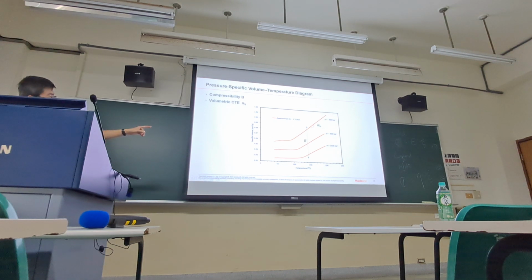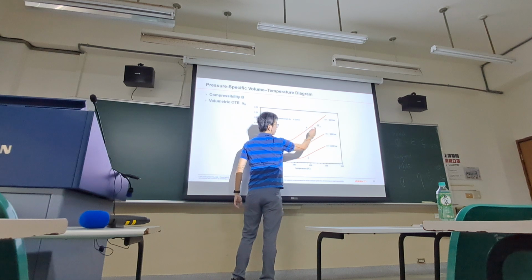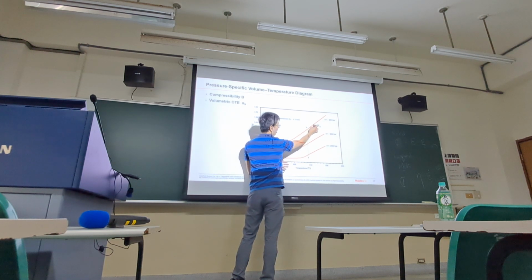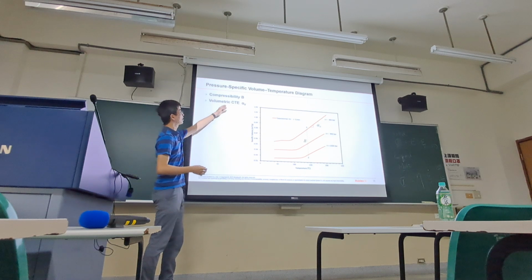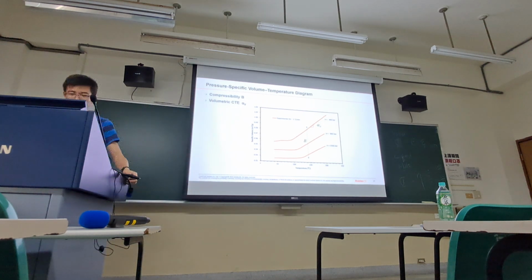And through this diagram, we can know the alpha, the volumetric thermal expansion, the slope. For example, if the temperature increases 10 degrees Celsius, how much will the volume change? So this is the volumetric coefficient of thermal expansion.